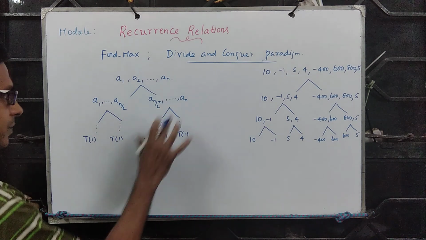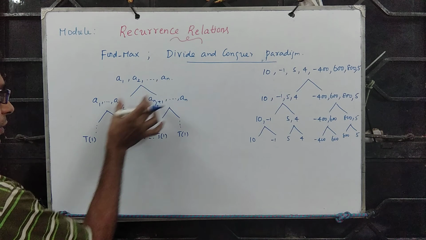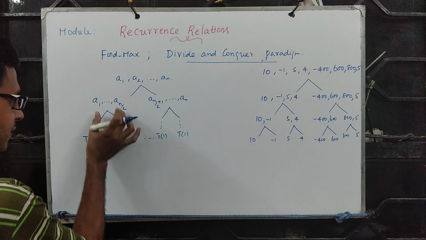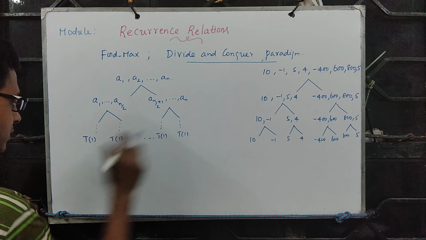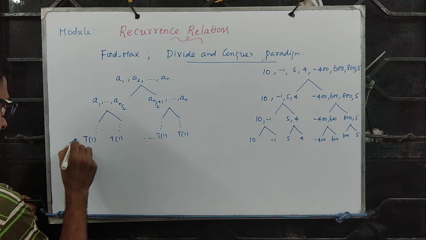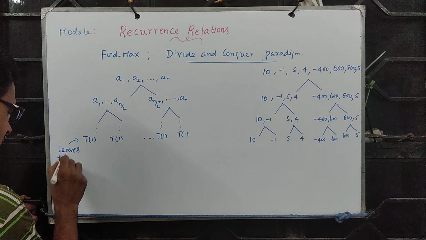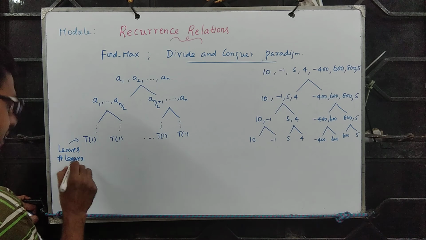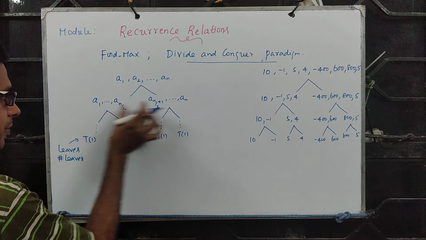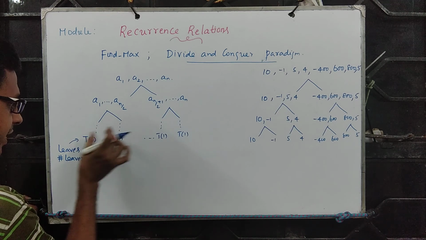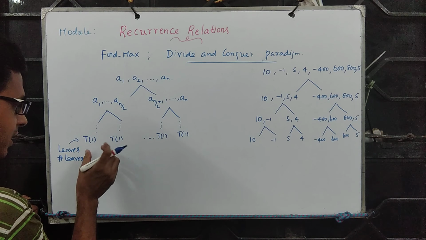And if you see it as a binary tree, from this you get two children or two subtrees, from this again two children or two subtrees, and so on. These are all leaves, correct? And how many leaves will be there? As you can see, n is divided into n by 2, then n by 4, again n by 4, n by 8, then n by 16.